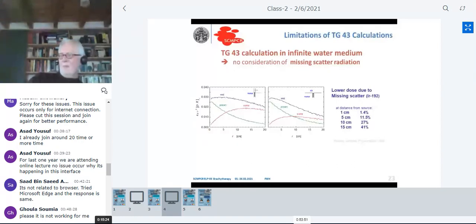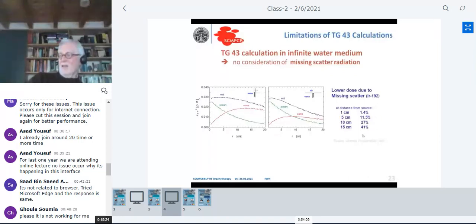And what you can see on these diagrams is that the primary is exactly the same when your source is at the surface, but the scatter is much less. So your total dose is also less. And this table shows you here how much it is less.